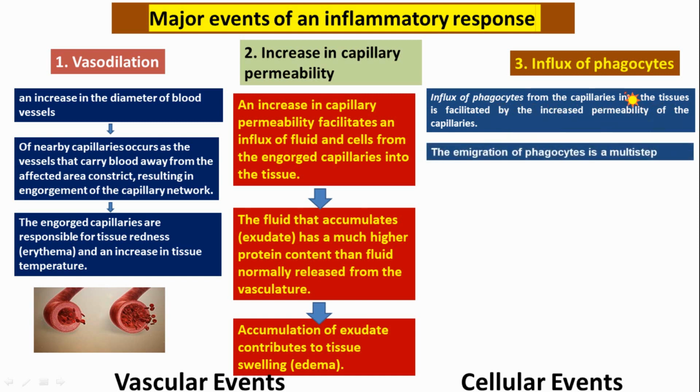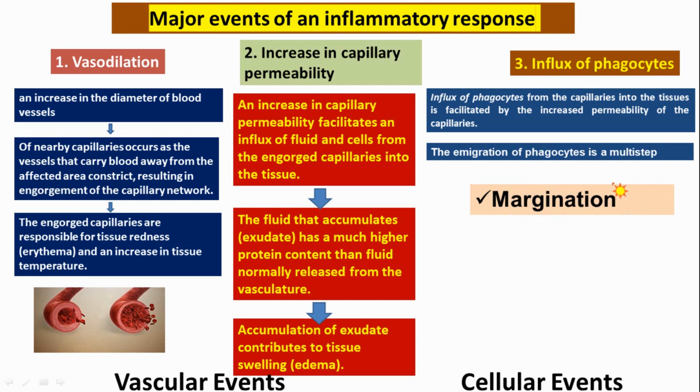This immigration of phagocytes from the capillary towards the tissues is a multi-step process, in which the first step is margination. Whenever these cells have to immigrate from the capillary towards the injured tissue, they first marginate themselves on the capillary wall. What the process is, how they marginate, and what proteins are involved in this margination, we will discuss in part 2 of inflammation.